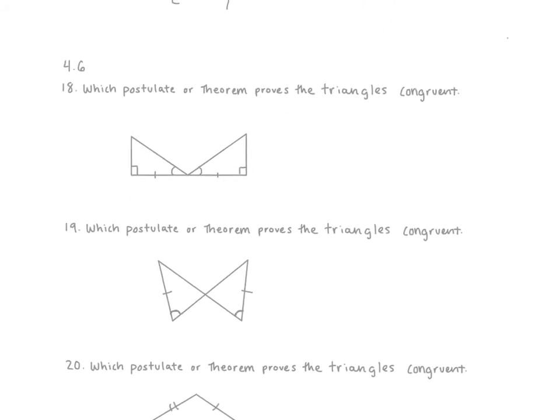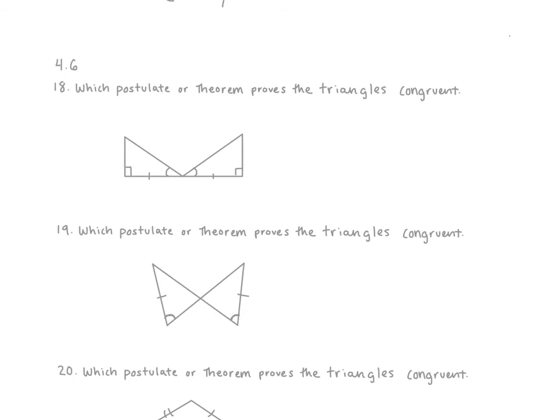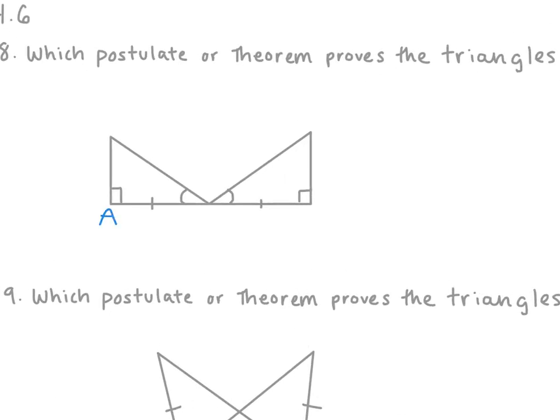Let's look at 4.6. Which postulate or theorem proves the triangle is congruent? So we have one pair of congruent angles here, a pair of sides here, and another pair of congruent angles here. So what theorem or postulate can we use for this one? Casey. ASA.